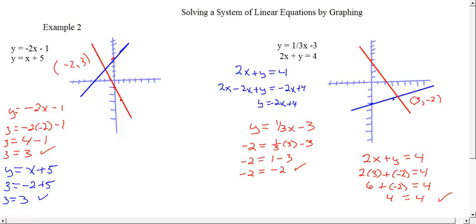Okay, welcome back to solving systems of linear equations by graphing. Previously, we looked at identifying solutions for systems.